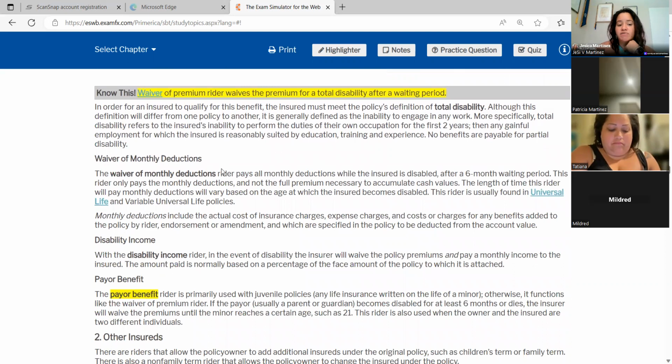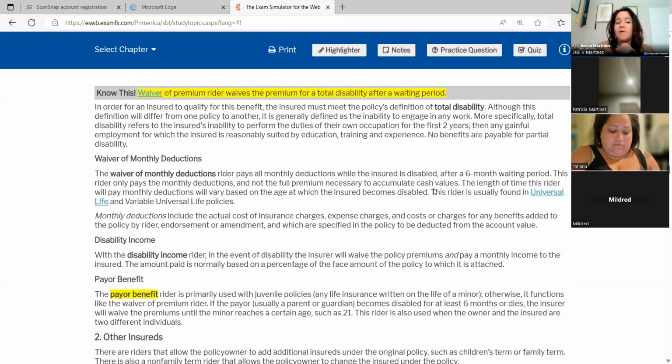The waiver of monthly deduction rider pays all monthly deductions while the insured is disabled after the 6-month waiting period.